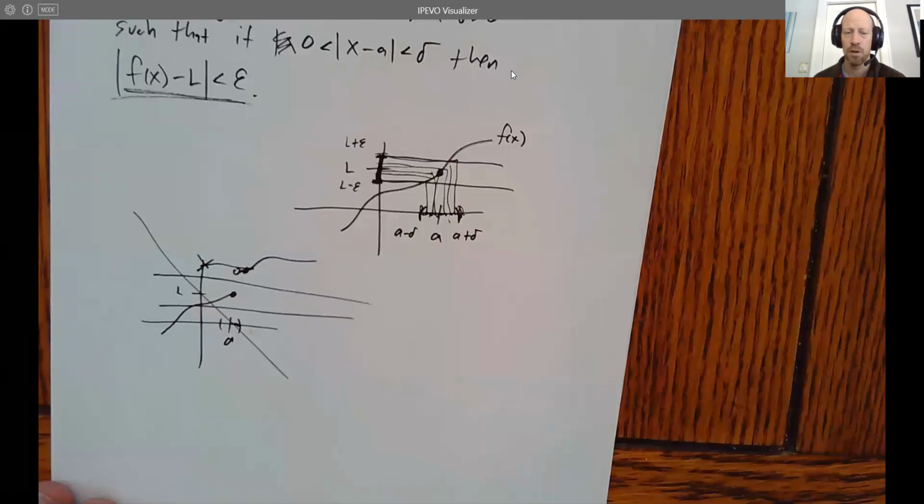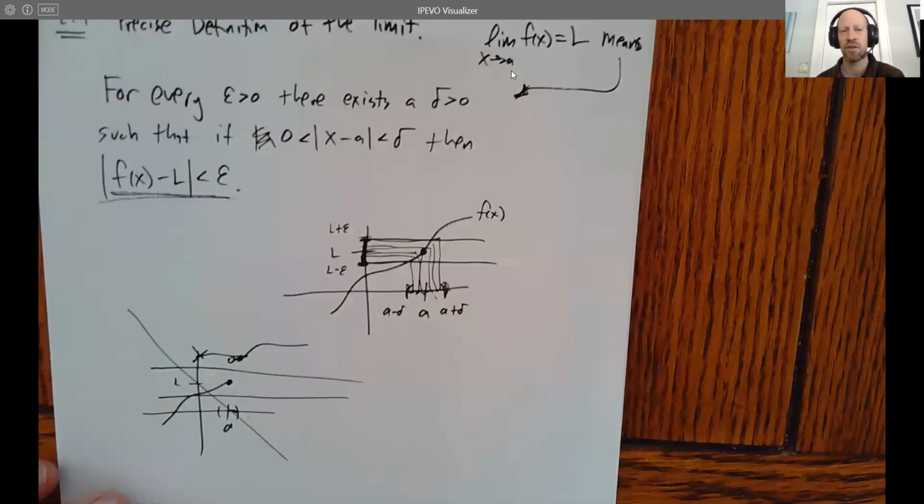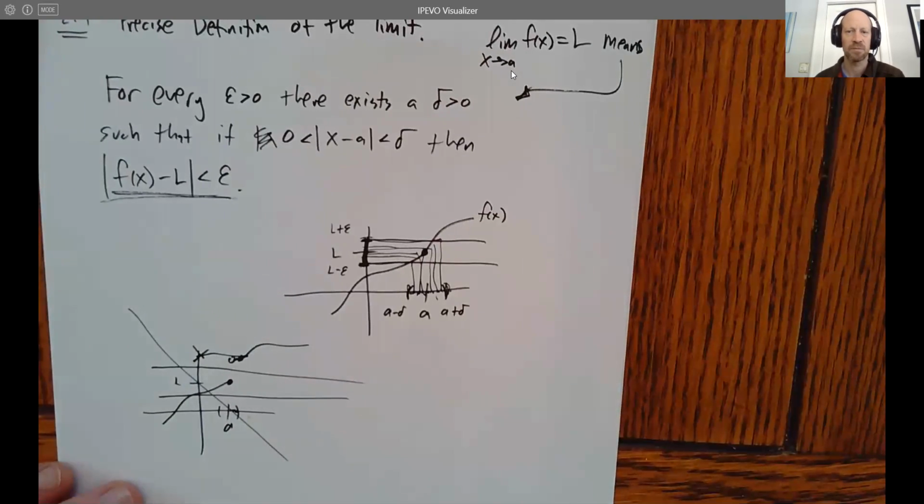Okay. So this terminology is a mathematical expression of that idea of what a limit is. And it is important to me that you understand the terminology. So I won't ask you to memorize the definition.